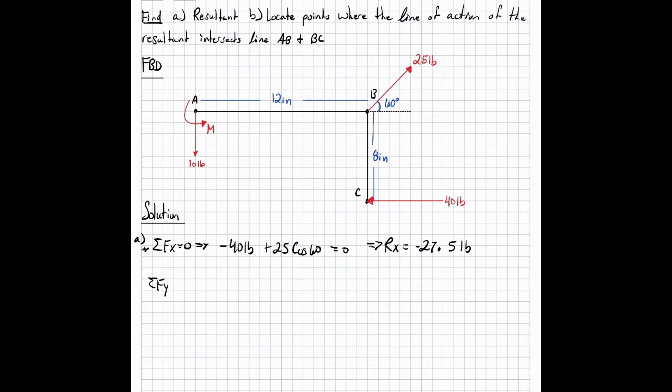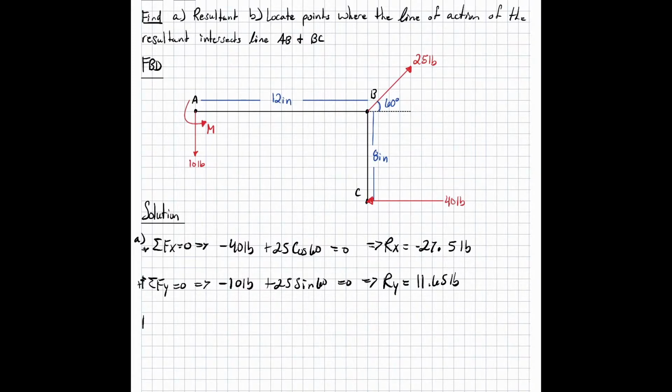Sum of forces in the y direction equal to 0, positive going up. We get negative 10 pounds plus 25 sine of 60 equal to 0. We get an Ry value of 11.65 pounds.